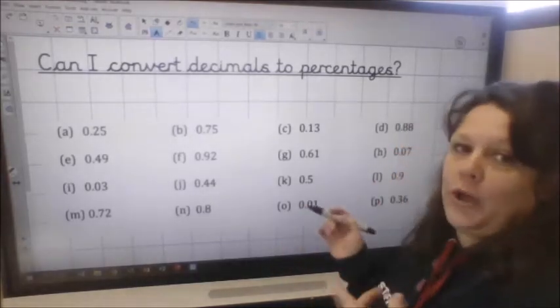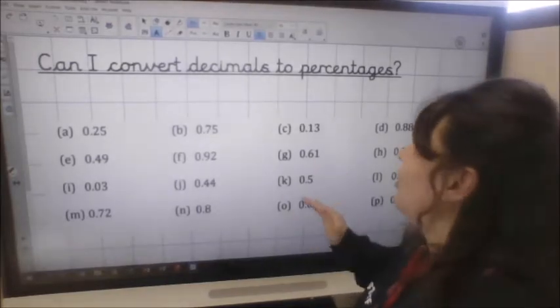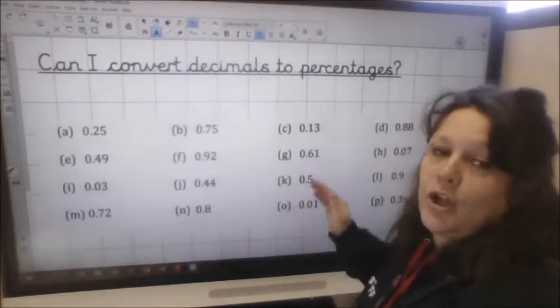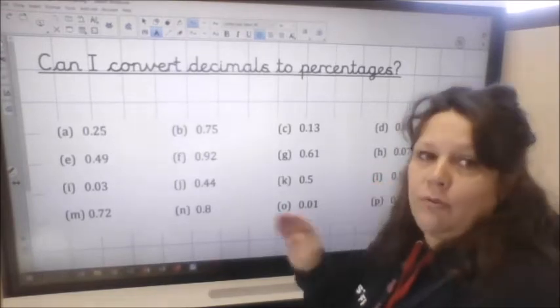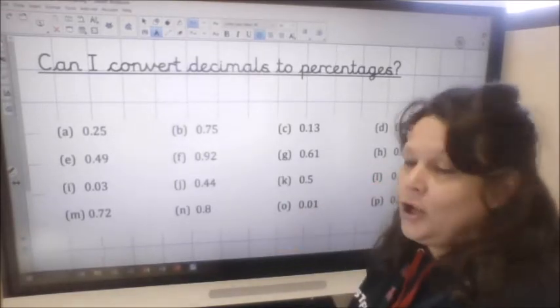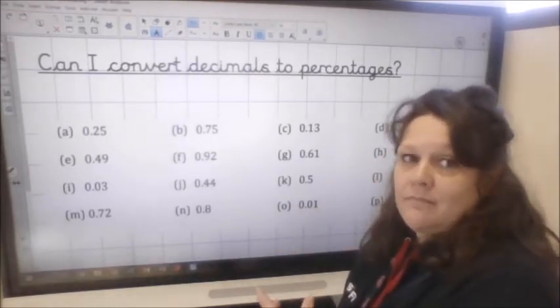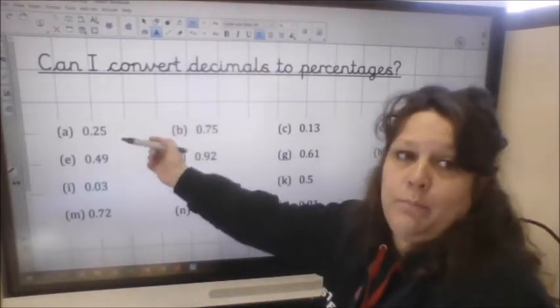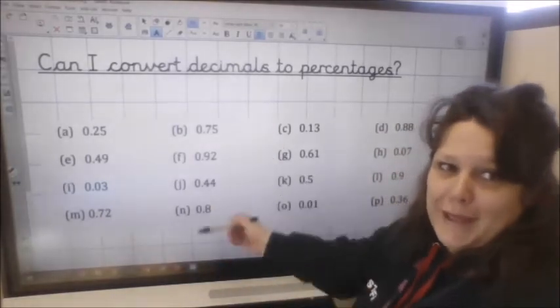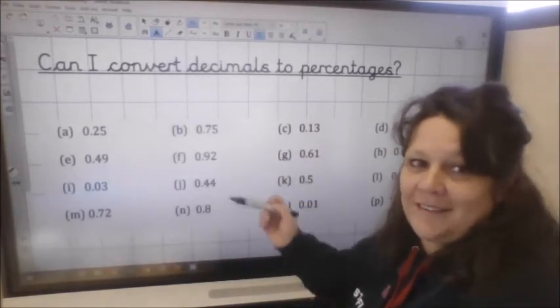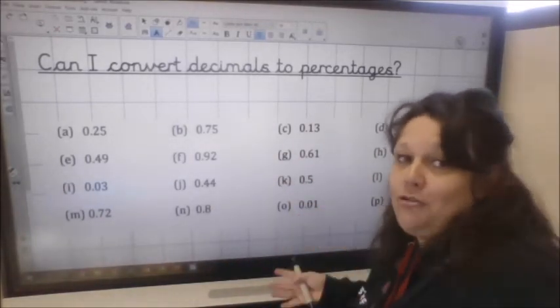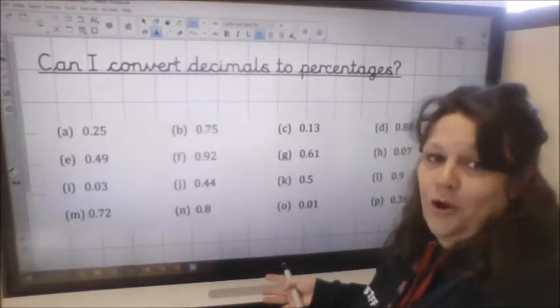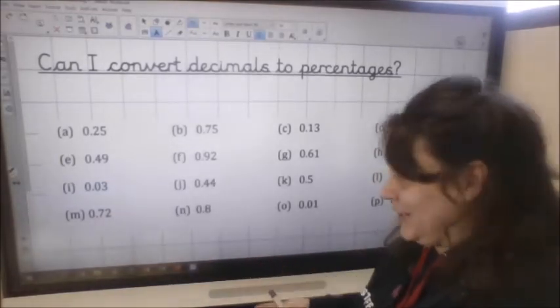So today we're going to look at converting decimals to percentages, and this is really nice and easy because percent means out of 100. So what we do is we multiply these decimals by 100, and then we can work out what we've got as a percentage.